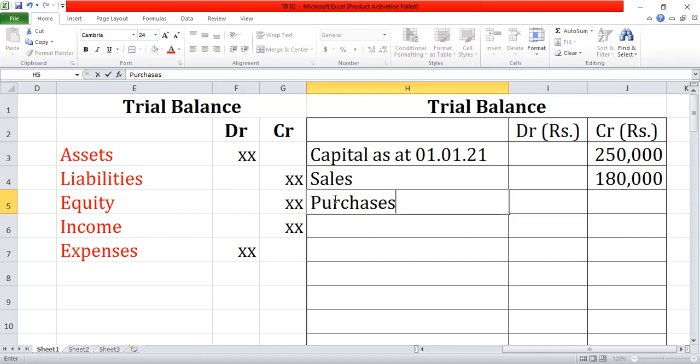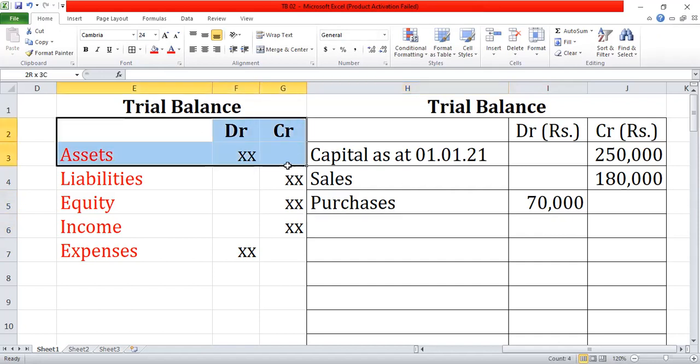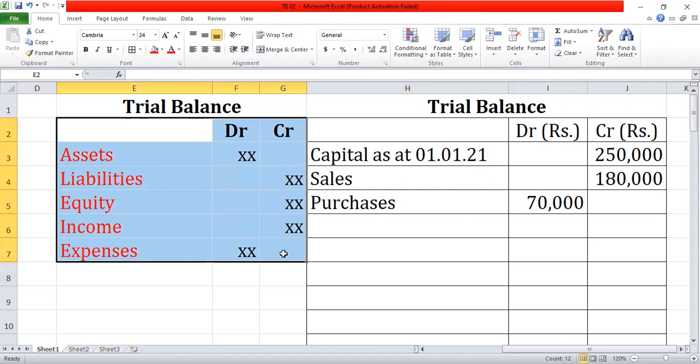It's an expense. So record the balance of the purchases, 70,000, in the debit column. The only thing to learn here is to recognize the category of account and accordingly record it in the trial balance. This is the theory to follow.